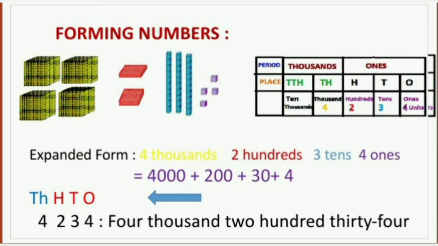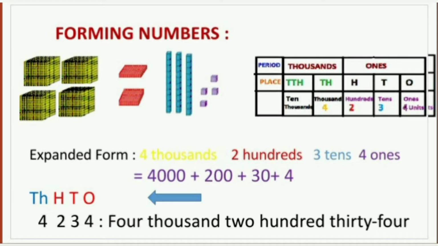Fine. Now how many sticks do you see there? Yes, 3 sticks you can see. One stick you have to count as tens, so 3 sticks represent 3 tens. Now come to the unit cubes. You can clearly see 4 unit cubes, that is 4 ones are given. Now come to the expanded form shown here, in words and in numerals.